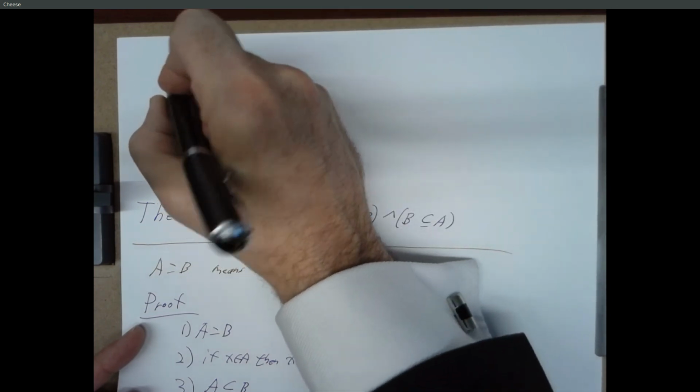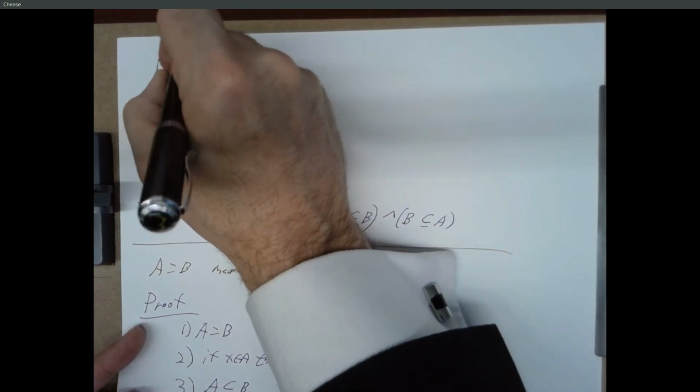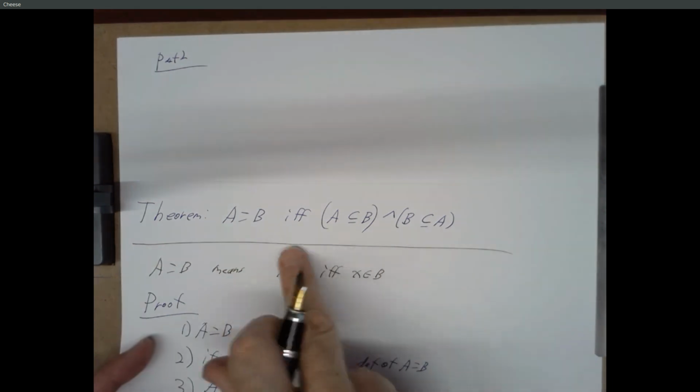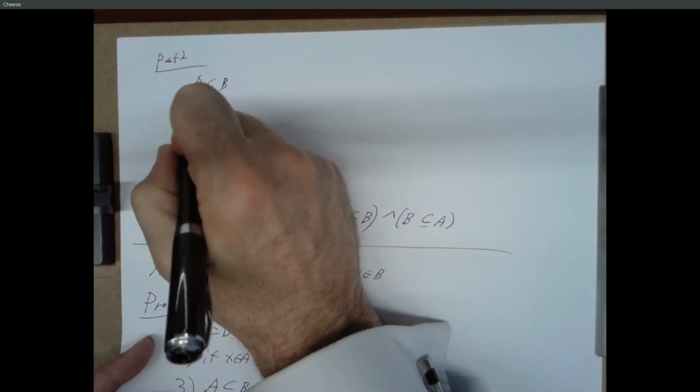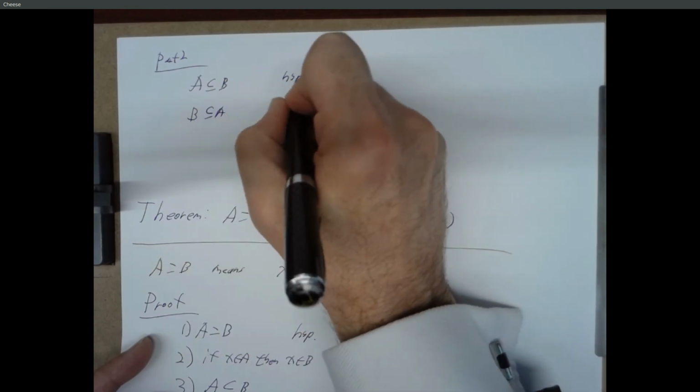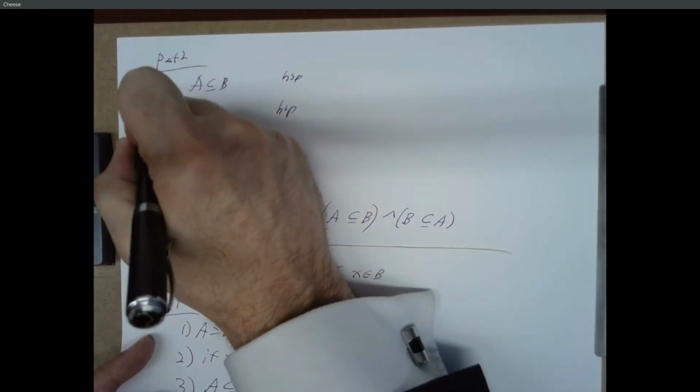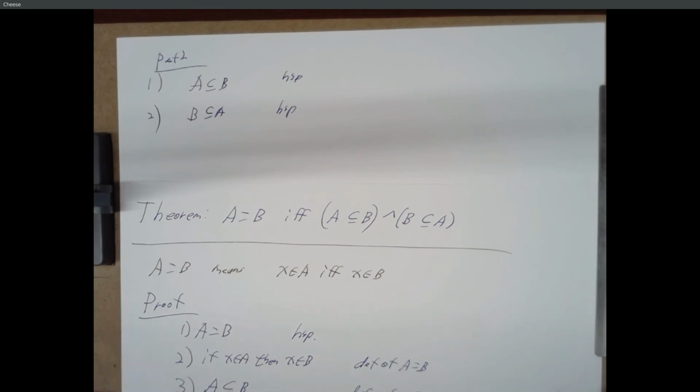So let's do part 2. So let's suppose the right-hand side, A is a subset of B and B is a subset of A. Those are hypotheses. And we just really work the definition again.